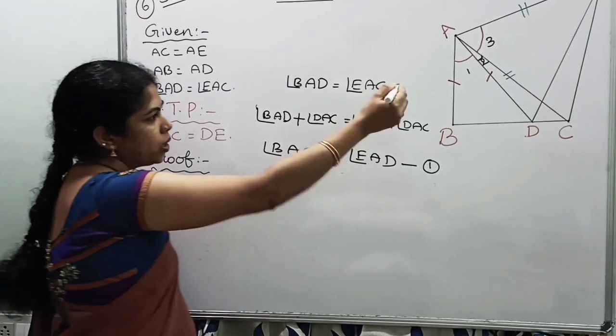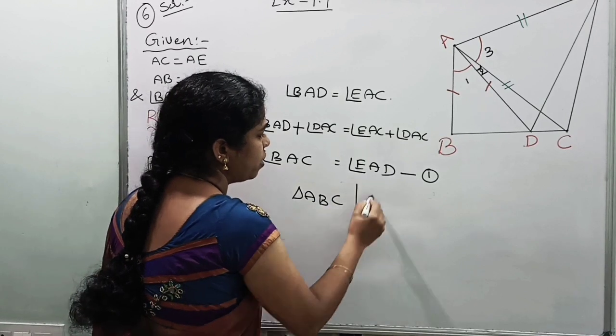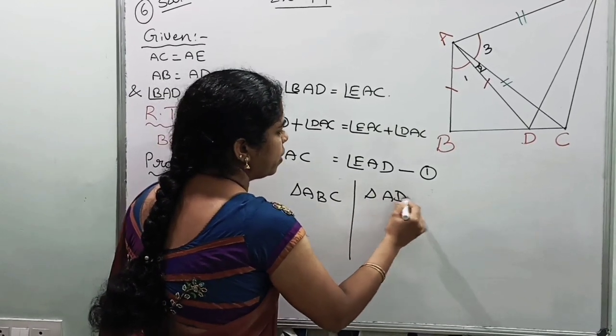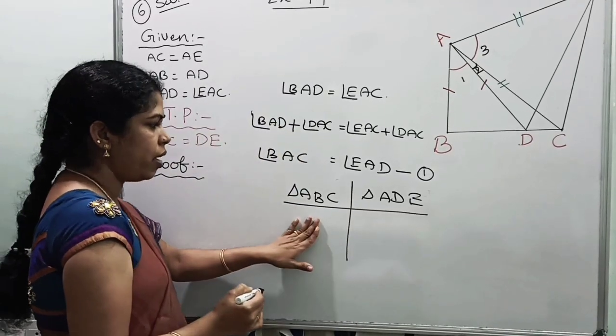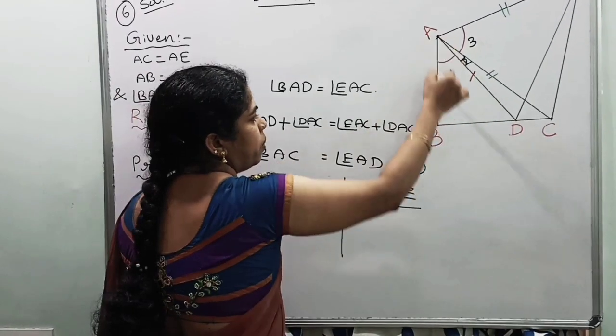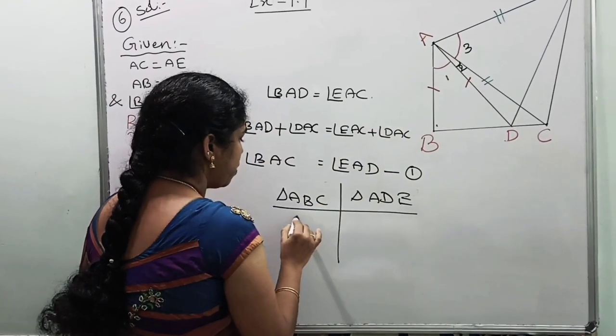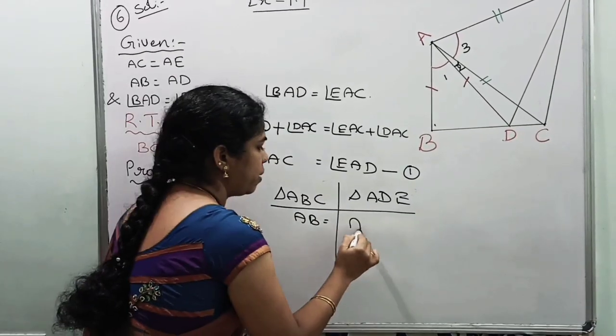Now we'll prove both the triangles ABC and ADE as congruent triangles. In triangle ABC, they have given that AB is equal to AD.